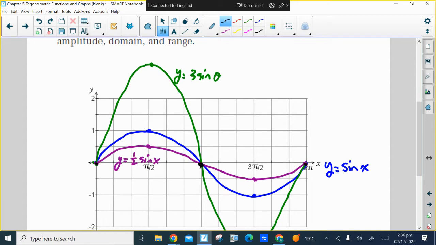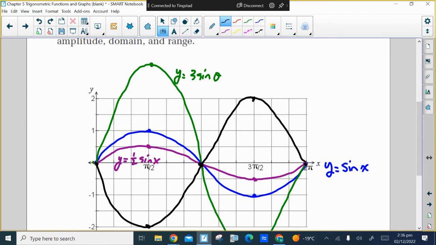We're multiplying all the y values by negative 2. So a y value of 1 times negative 2 is negative 2. A minimum value here of negative 1 times negative 2 becomes positive 2. So that's what that graph looks like.